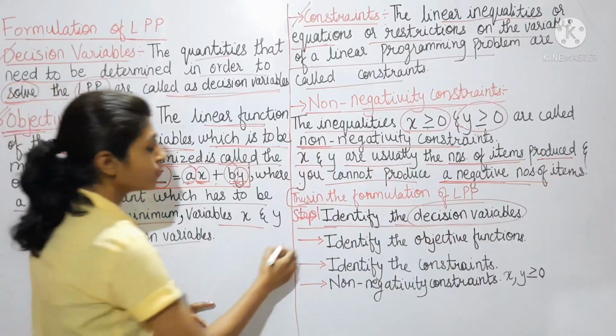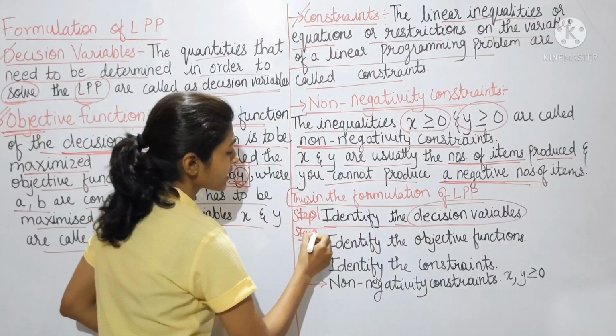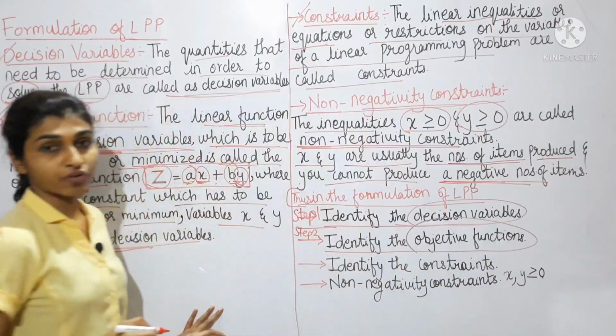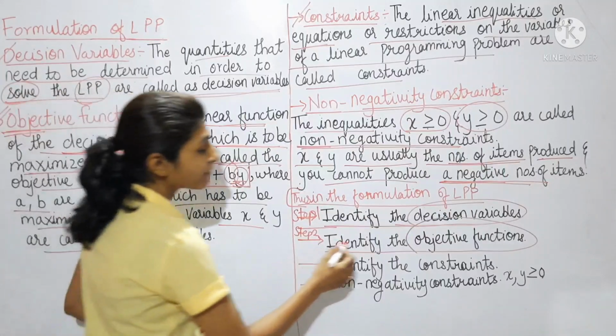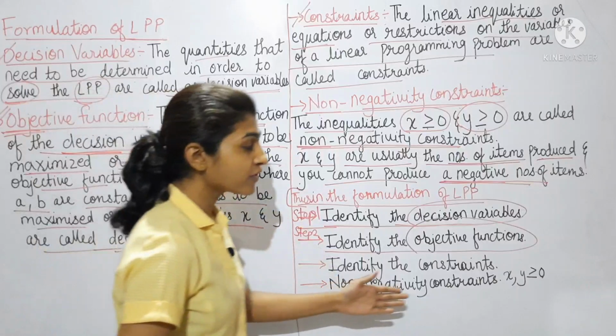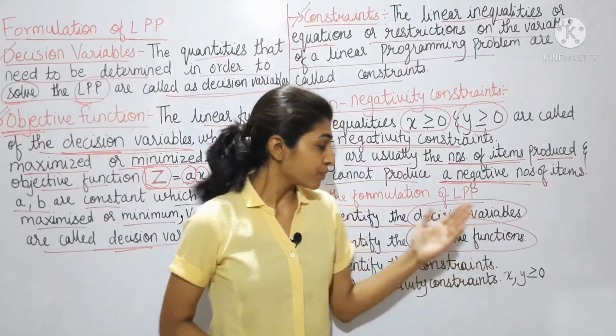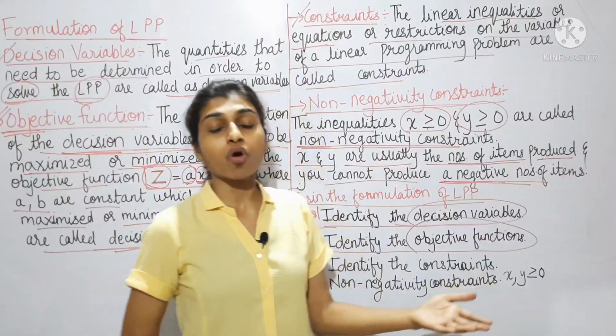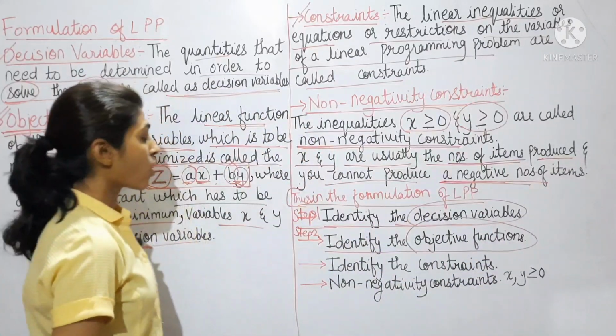Step 2 is to identify the objective function. In the objective function you need to identify whether you want to maximize the profit or minimize the cost.